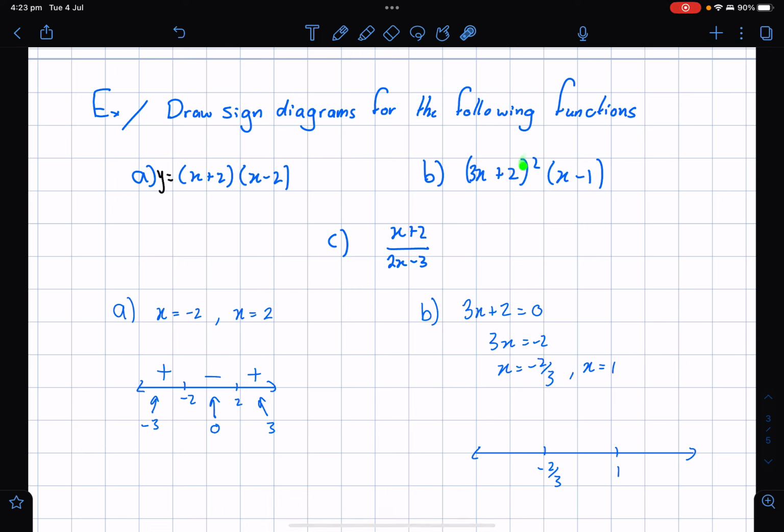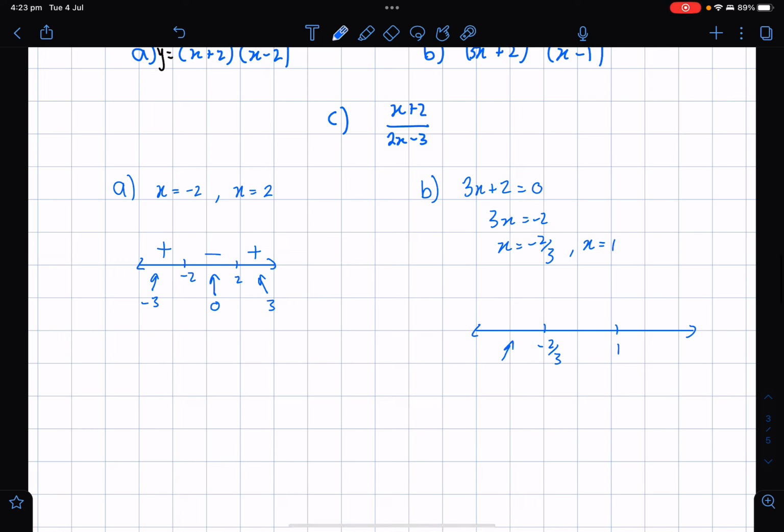Now, this has a square attached to it, so I know this is going to be a touching point. So either side's going to be the same sign. A number less than -2/3 is -1. A number between the two is 0, and a number greater than 1 is 2. Now let's substitute those in.